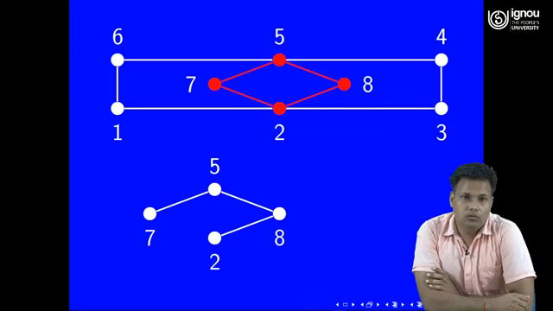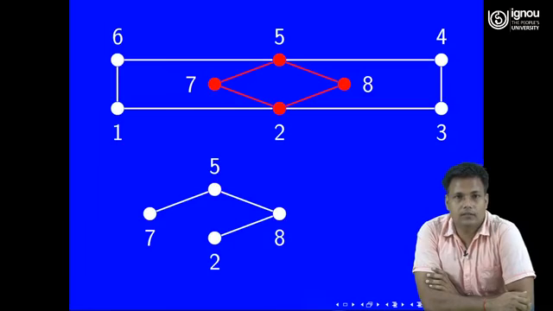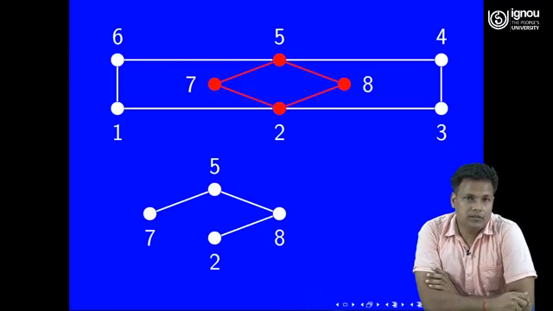So since 2 and 7 are vertices of this subgraph as well as of the original graph, but in the original graph 2 and 7 are adjacent, whereas in this subgraph they are not, and hence this subgraph is not an induced subgraph.